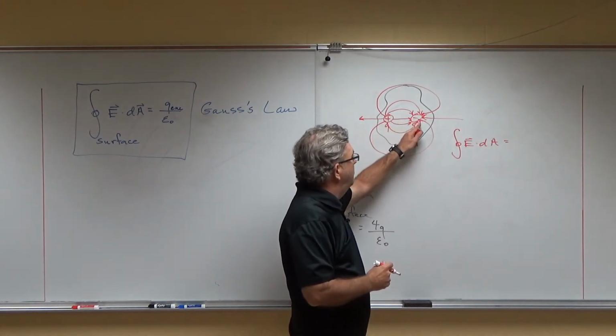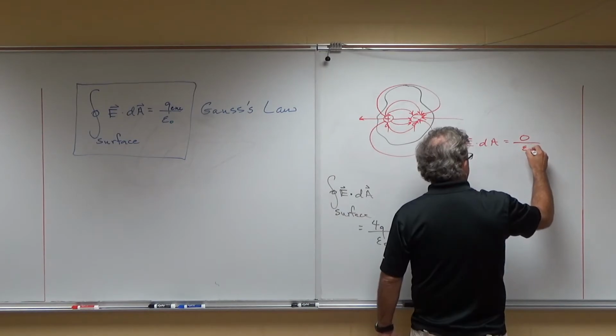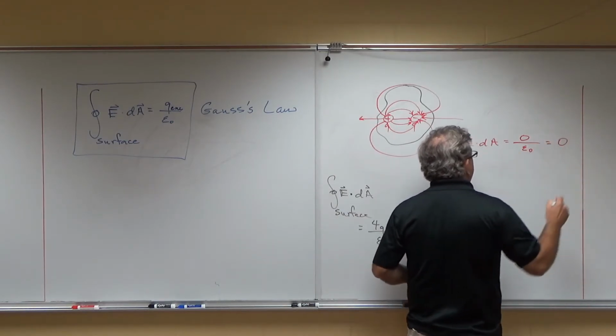Well, I've got a plus and a minus. That is 0 over epsilon naught, which is just equal to 0.